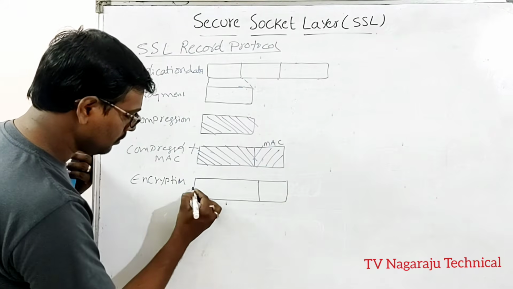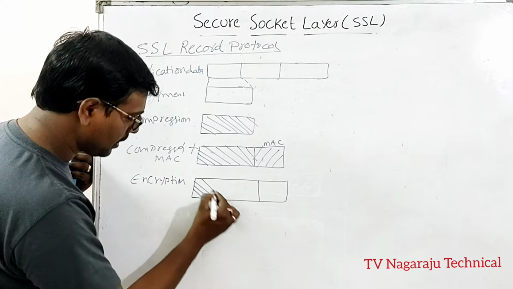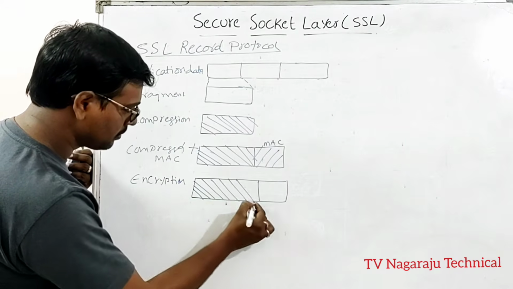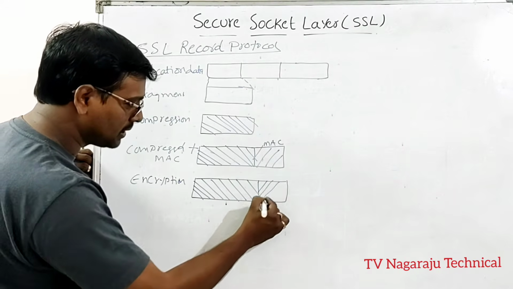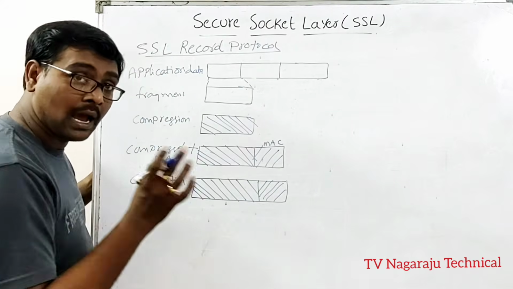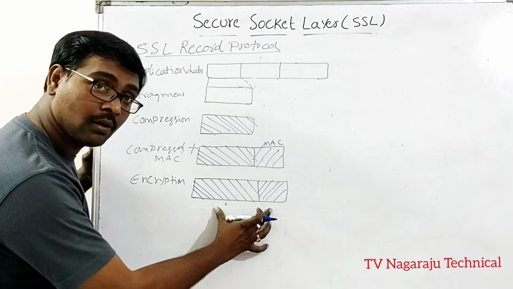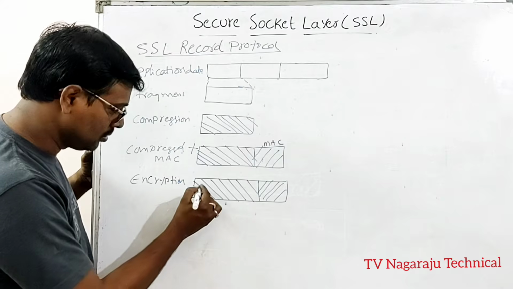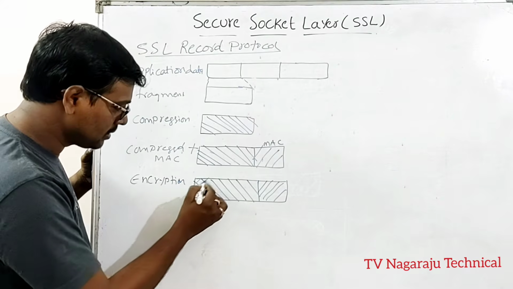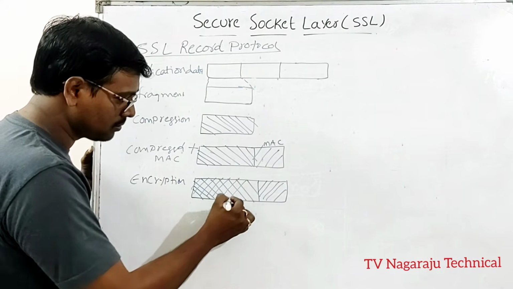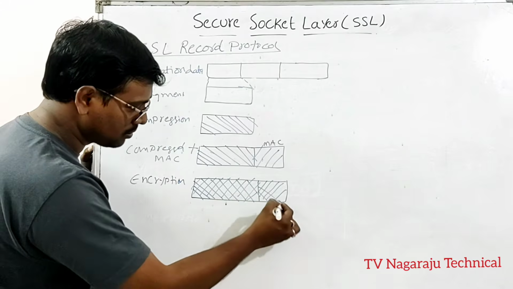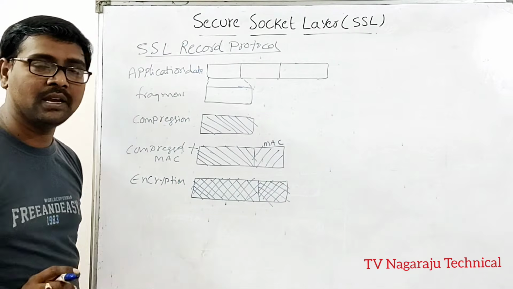Now this is my compressed data, and this is the message authentication code. Apply the encryption on the entire thing. In this way apply the encryption.